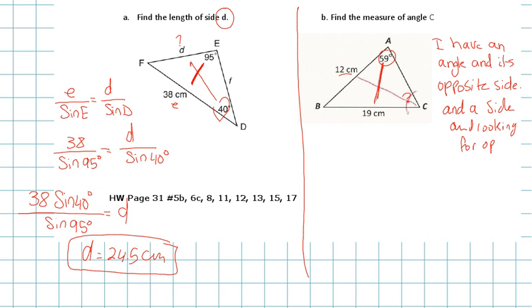So let's set it up. I'm going to use A and C, right? So sine A over A equal to sine C over C. Angle A is 59 and side A is 19, so I have to fill out the values right now.